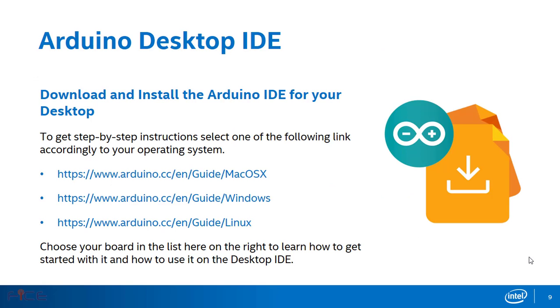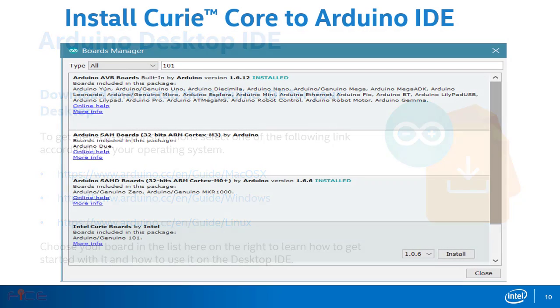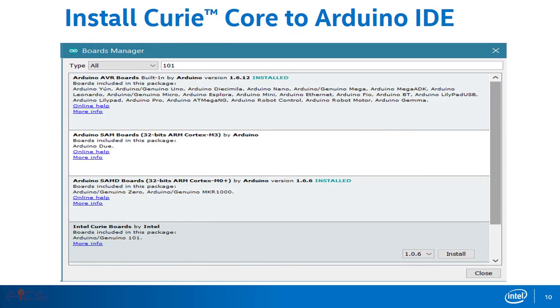You can download and install the Arduino IDE using the links given in the slide for your machine. After installing the Arduino IDE, you need to install the software package for Intel Curie Module. To install the same, go to the Boards Manager and search for the Intel Curie boards by Intel, and then click on Install.